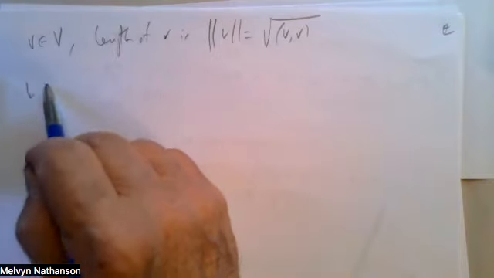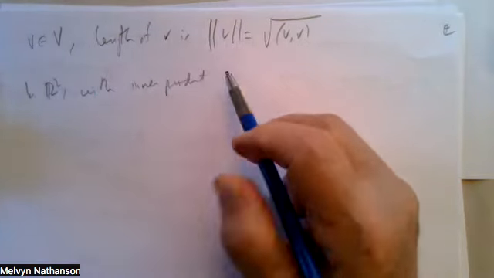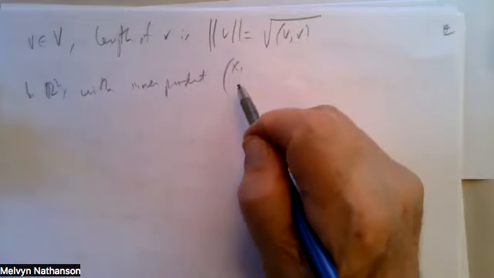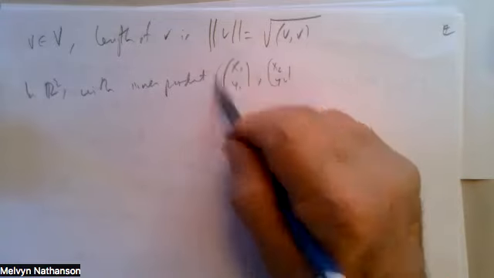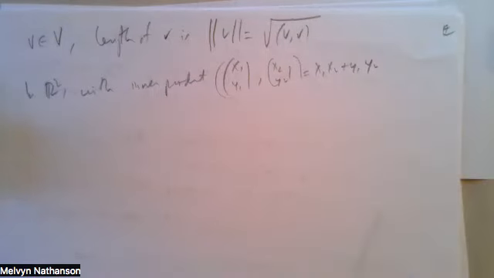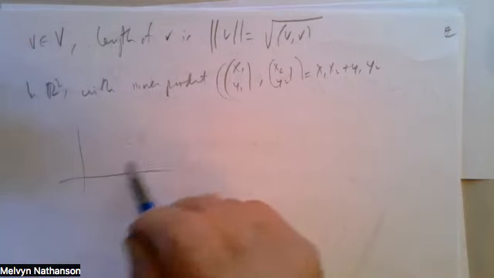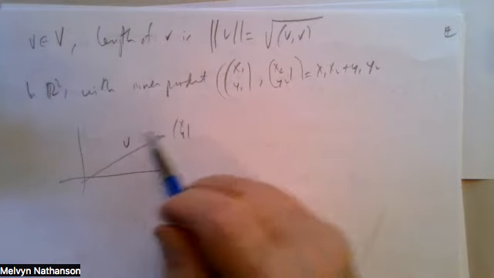So suppose we're in R2 with the inner product x1, y1 inner product with x2, y2 is just x1 x2 plus y1 y2. Right? So if you have the vector xy, that's my vector v.